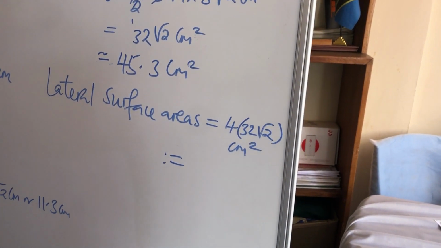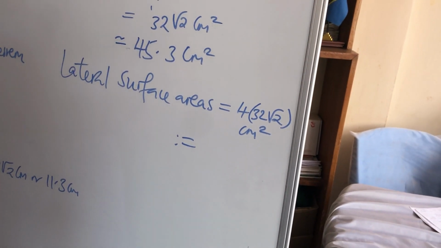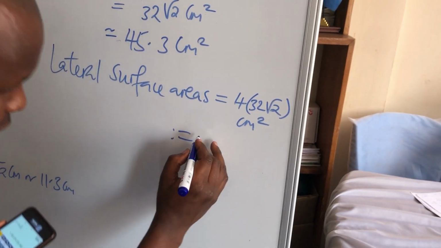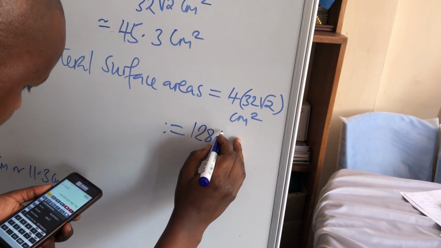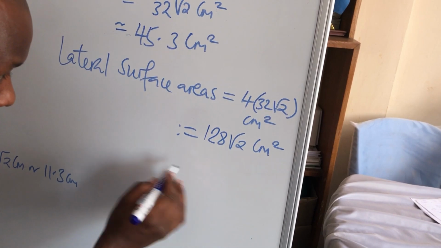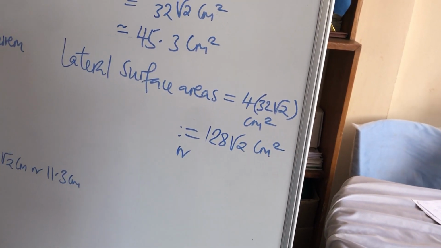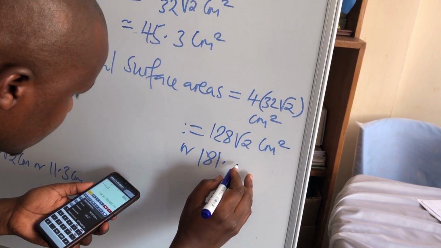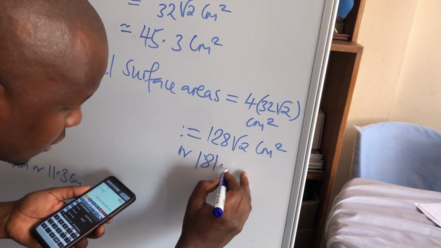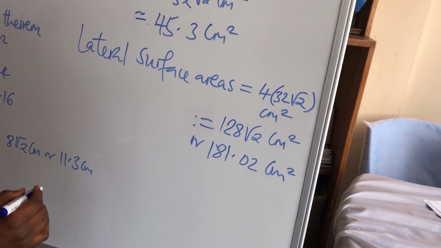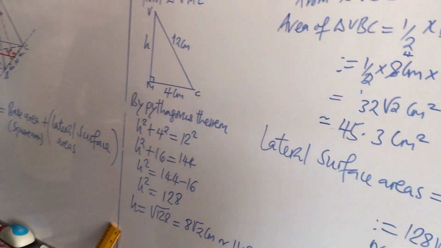So when we multiply by calculator, it will be 128 radical 2 centimeter squared, or this equals 181.02 centimeter squared.